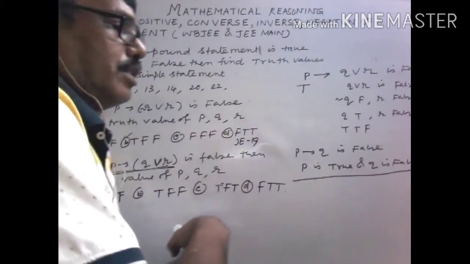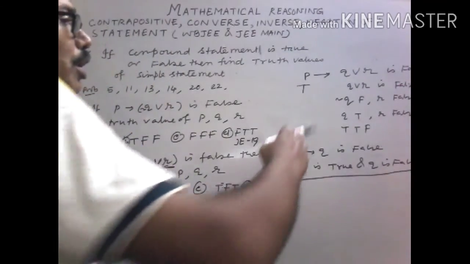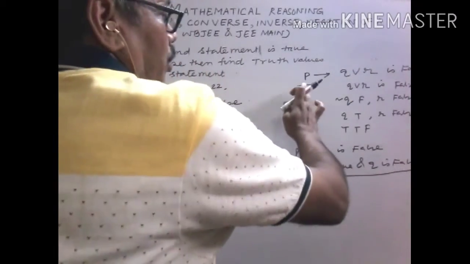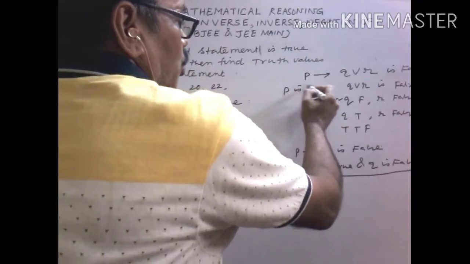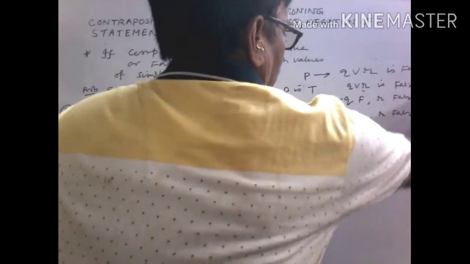So this is our definition. Therefore P is true and Q union R is false.